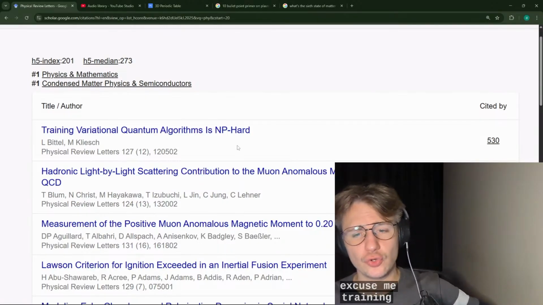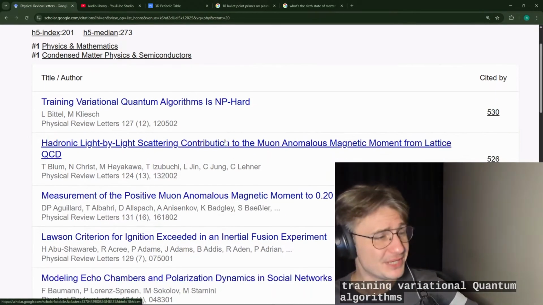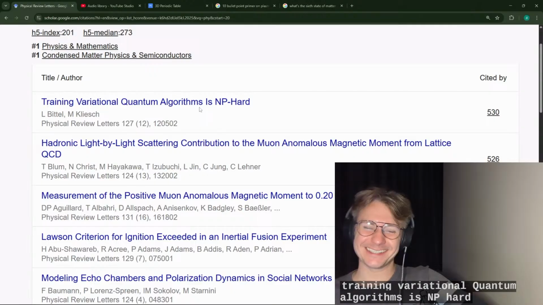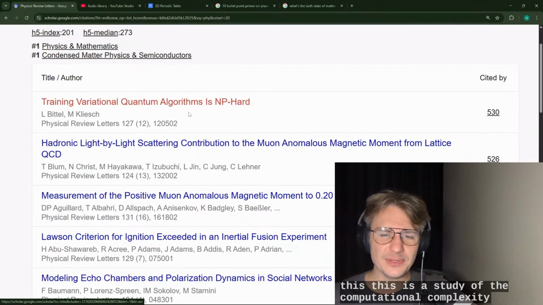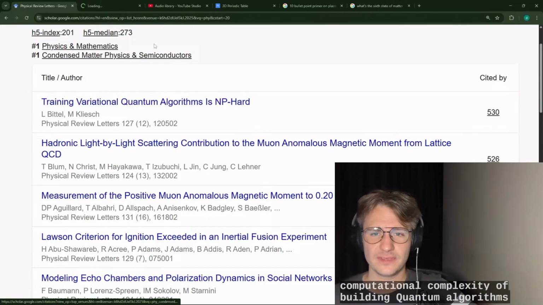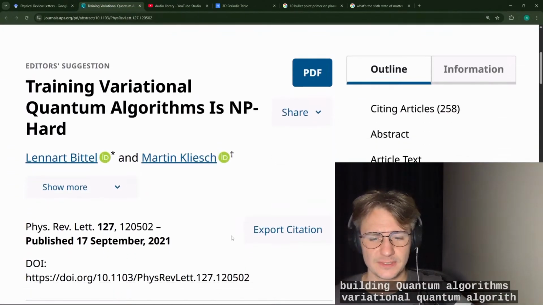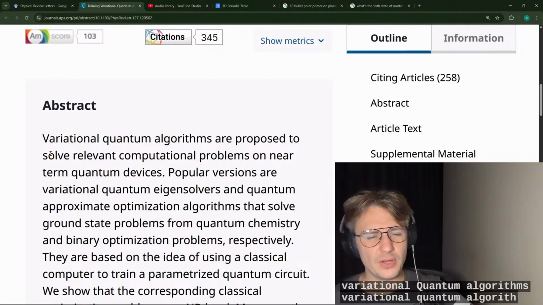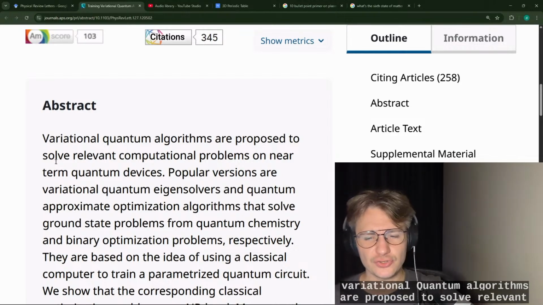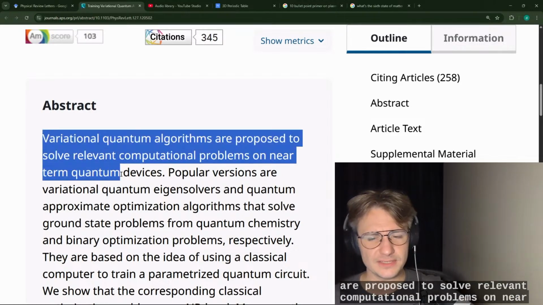Training variational quantum algorithms is NP hard. Oh, I love this. This is a study of the computational complexity of building quantum algorithms. Variational quantum algorithms are proposed to solve relevant computational problems on near-term quantum devices.